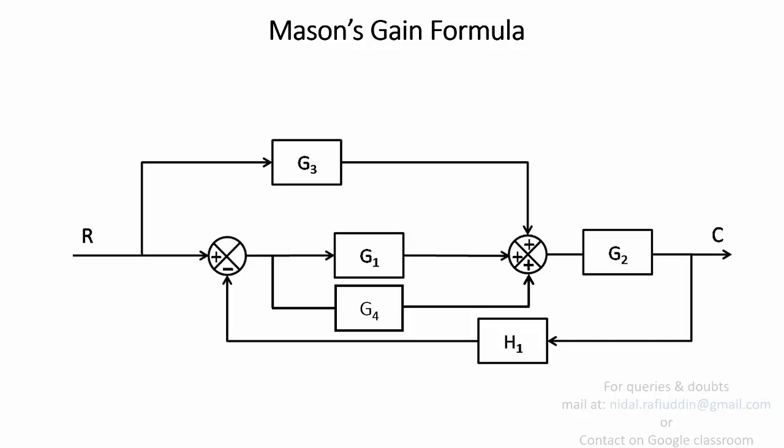This will not carry a bonus mark, but for your understanding, or if any of you obtained an answer using block diagram reduction, you can match that transfer function with the answer you will get by applying Mason's gain formula to this question.